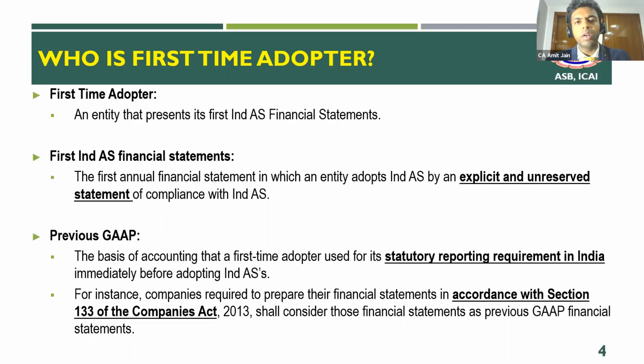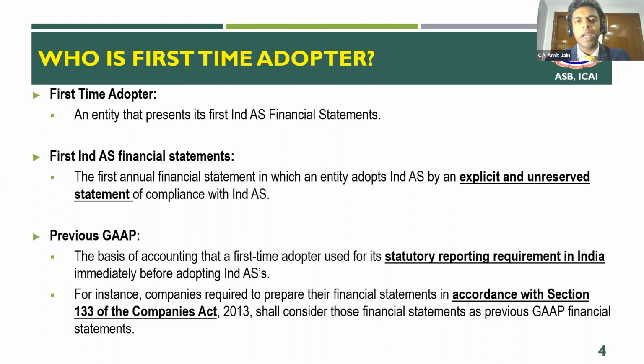Section 133 empowers the MCA to issue the standards in consultation with ICAI. So if any company is preparing its financial statements as per the requirement of the standards issued by the Ministry of Corporate Affairs as per the powers given through Section 133, then that financial statement is considered to be a previous GAAP.